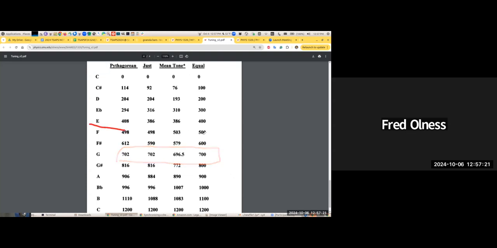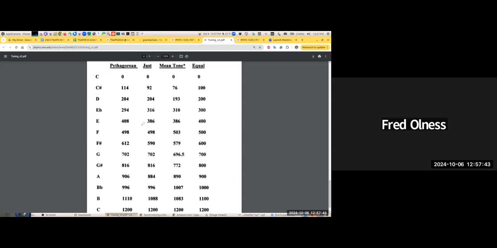Let's move to the third. So here's the third. And which has the good third? Well, the just system. In the just system, we decided we really wanted a good third. So we have a good third here, but we also had a good fifth, but we had a sacrifice on the whole steps. I'll get to that in a moment.